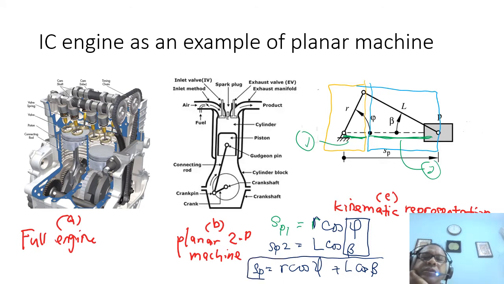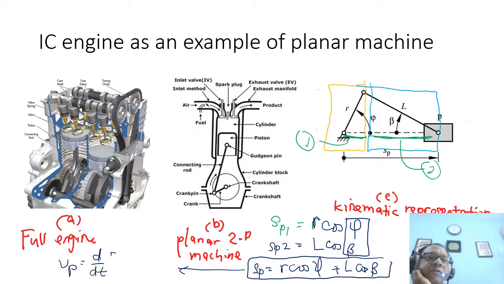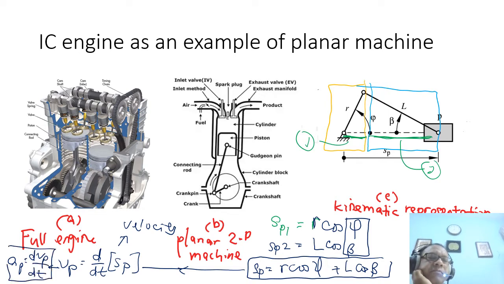So if we then find the velocity of the piston, it is the differentiation of SP, so this will give you the velocity. Similarly, you can proceed with the acceleration of the piston by differentiating the velocity against time, so that gives you the acceleration.